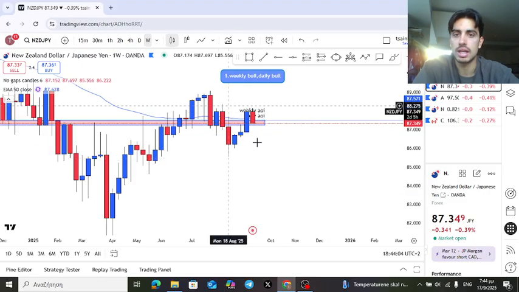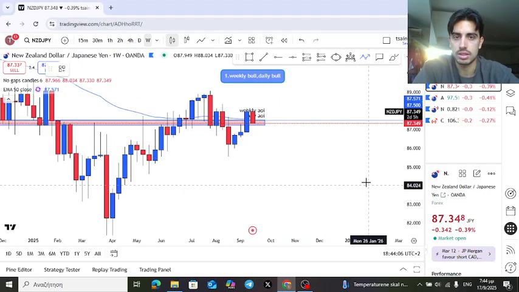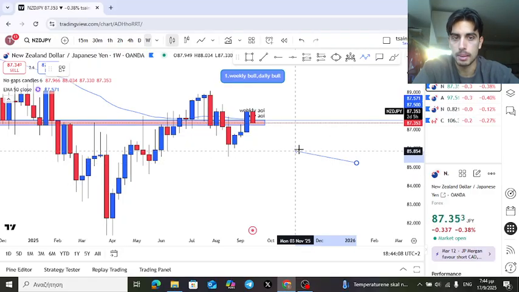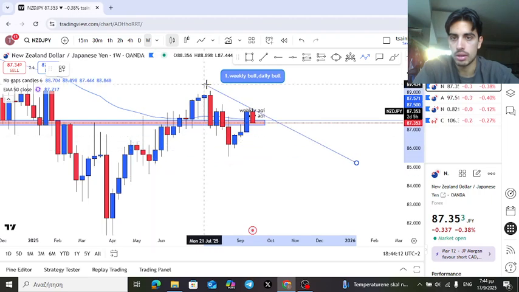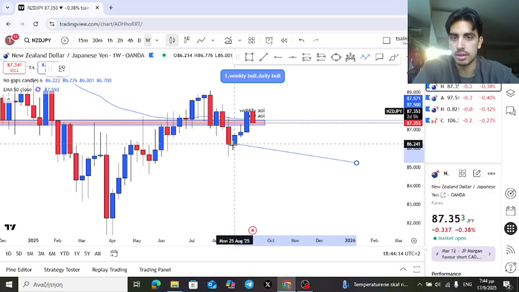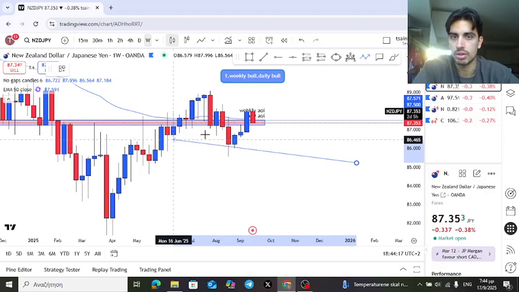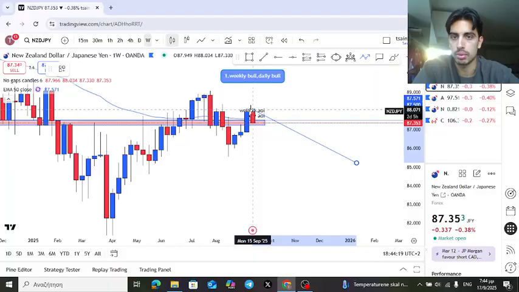And this, as you can see, has become recently bullish, because we were here like that, broke under the structure, and then became bullish again.